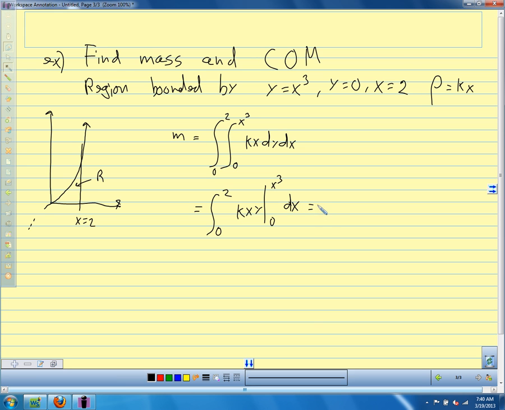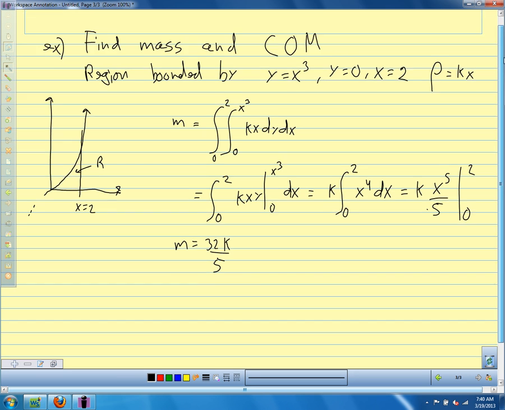And we end up with, I'm going to put my k out front, the integral from 0 to 2 of x to the fourth dx. And we finally evaluate that, x to the fifth over 5, evaluated on 0 to 2. And our mass comes out to be 32k over 5. So a nice easy evaluation.